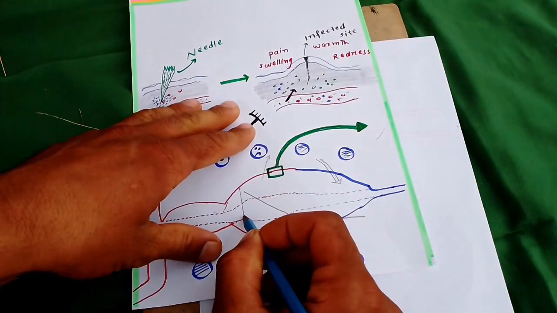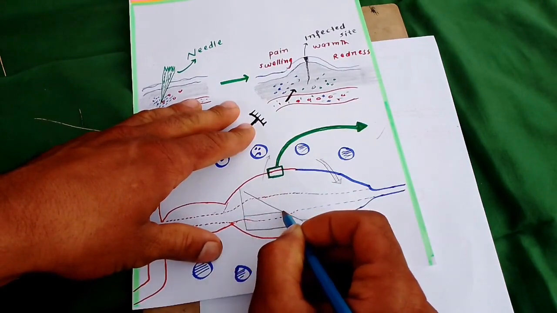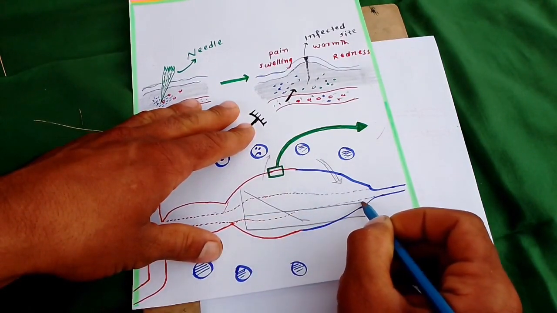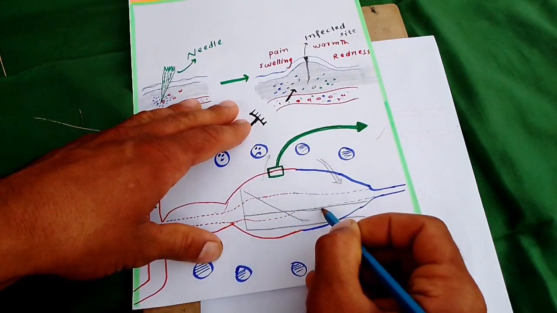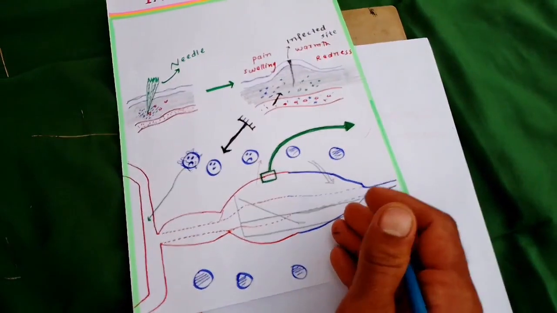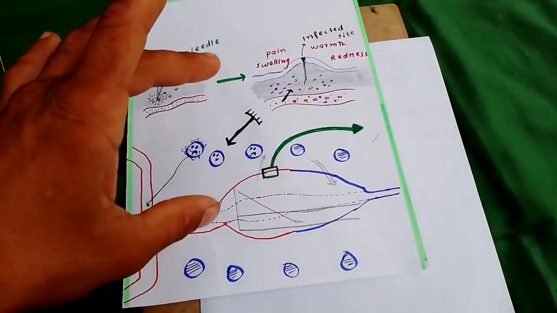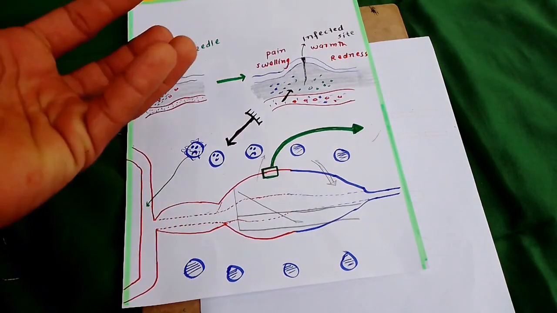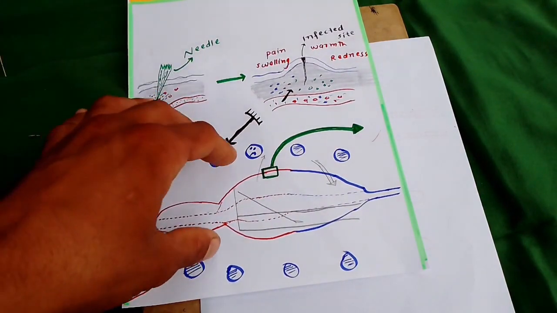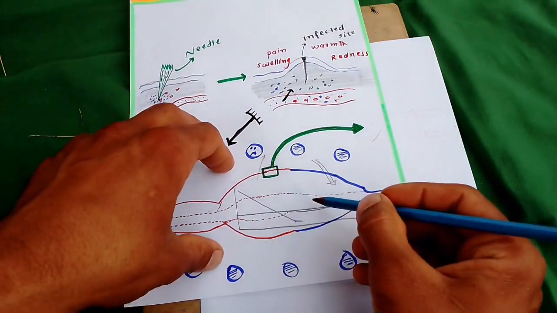Here is another pressure, osmotic pressure. Osmotic pressure is normal, non-changeable, constant. This is the osmotic pressure. It is not changed here. What is osmotic pressure? It is the pressure exerted by the large protein molecules in the blood vessel.